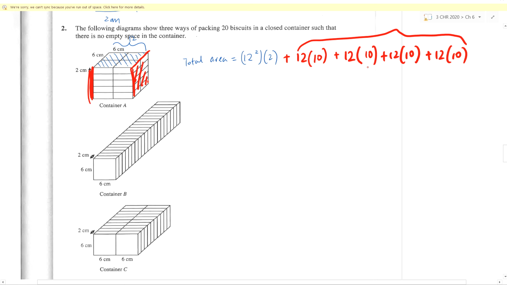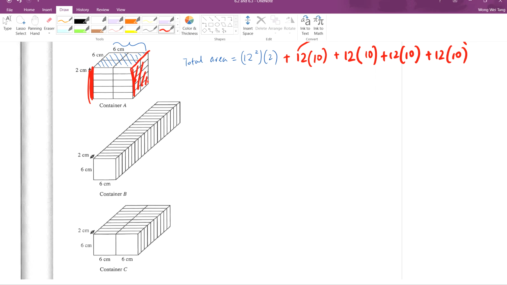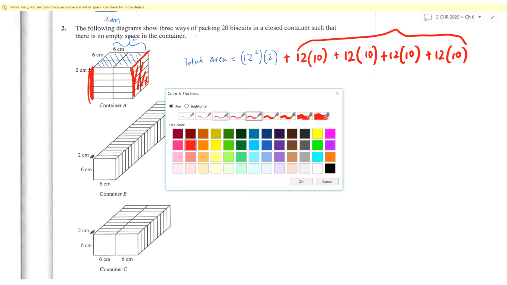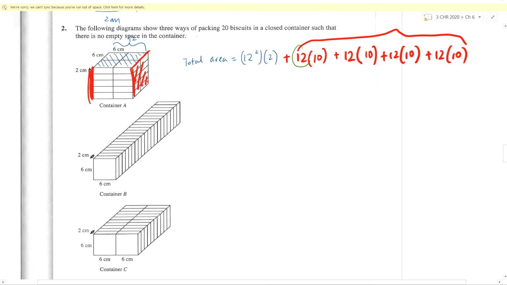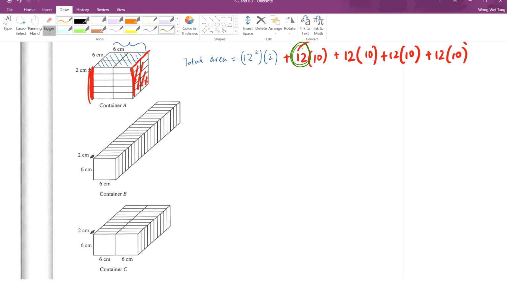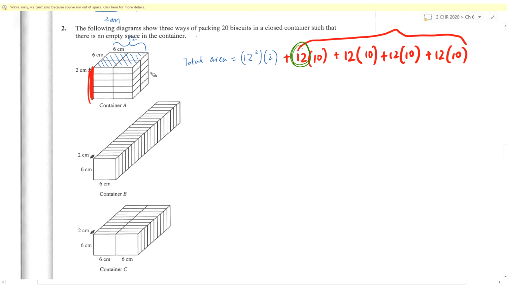So this repeated multiplication by 10 can be simplified. How do we simplify that? How do we shorten it? This 12. The first 12 is over at the front.